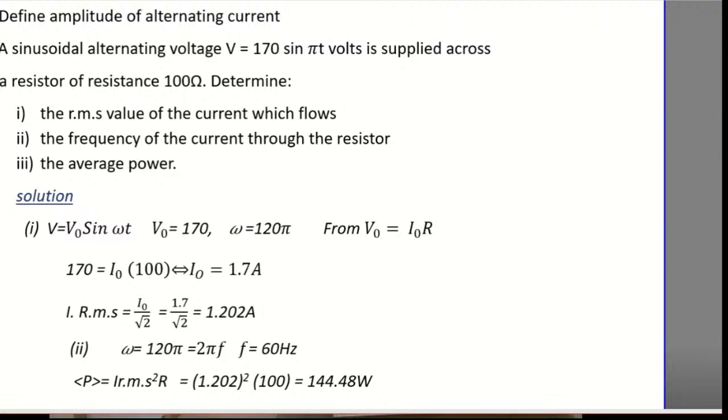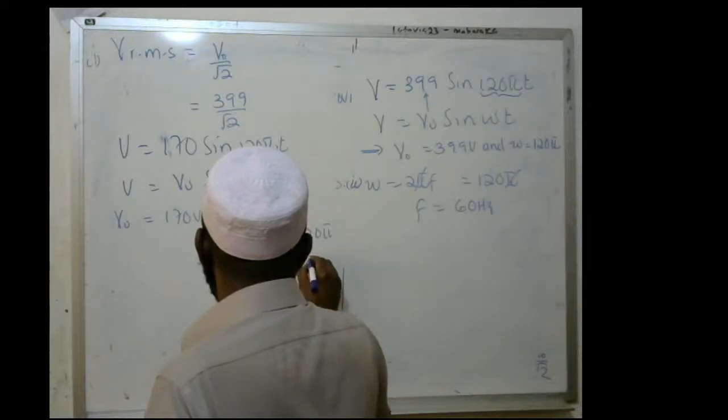And therefore, if we make a comparison with V equals V naught sine Wt, we end up realizing V naught is equal to 170 volts, and then W is equal to 120 pi. So implying that W equal to 2 pi f, 120 pi, the frequency turns out to be 60 hertz.